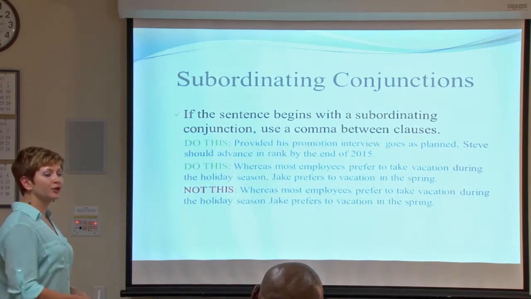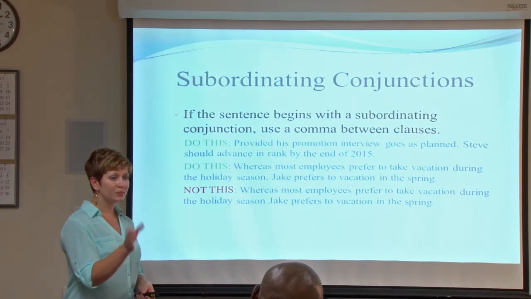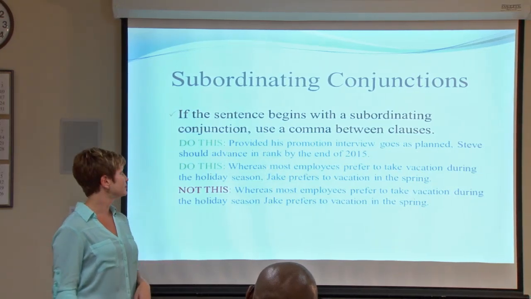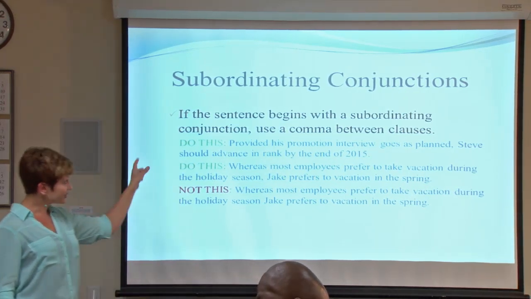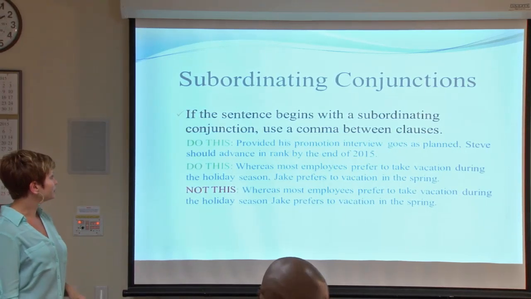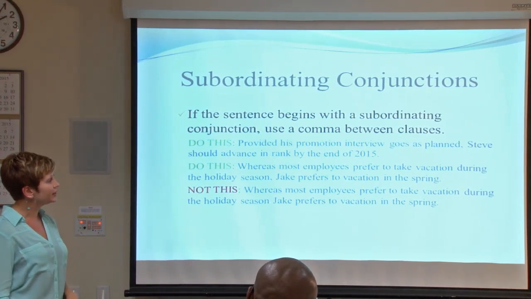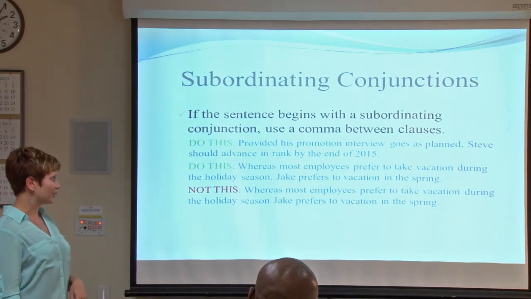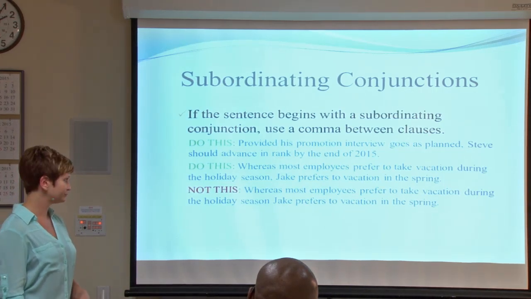So what we want to do is have some kind of marker in the middle of the sentence that tells me where one clause ends and the other begins. In this kind of construction, that point is the comma in the middle. So provided his promotion interview goes as planned, comma, Steve should advance in rank by the end of 2015.